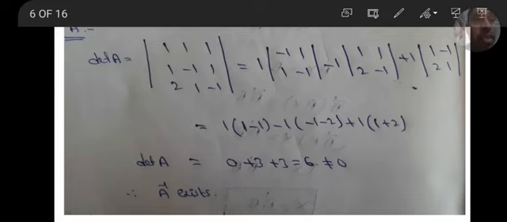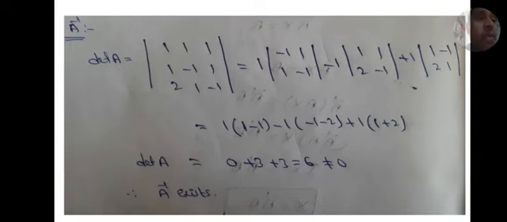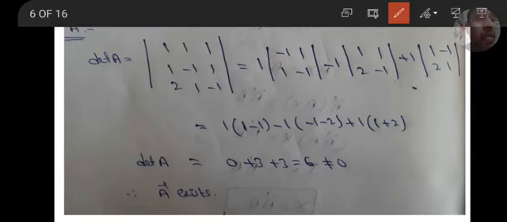1 into the determinant with its row and column removed, minus 1 1, 1 minus 1. Minus 1 into the determinant with its row and column removed, 1 1, 2 minus 1. Next, plus 1 into the 2 by 2 determinant 1 minus 1, 2 1.